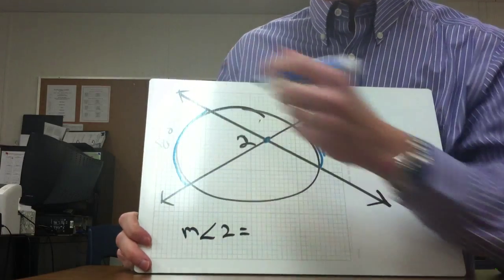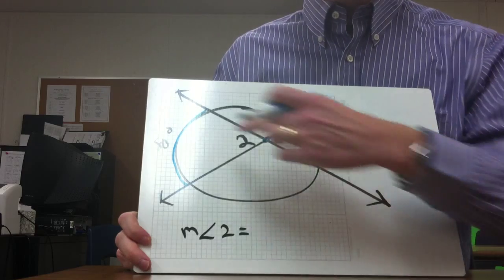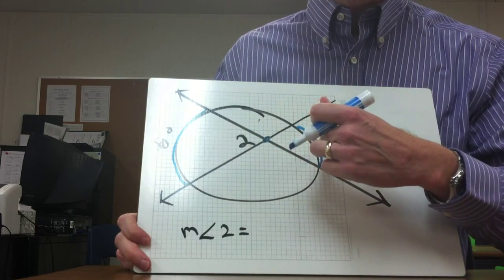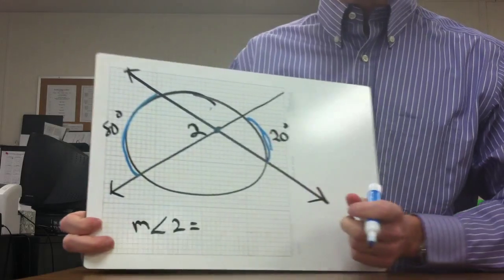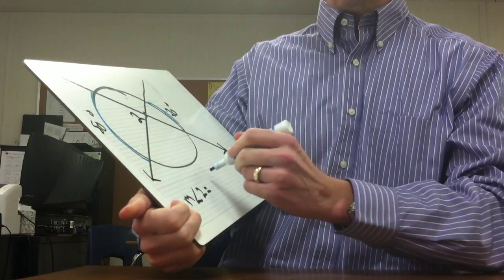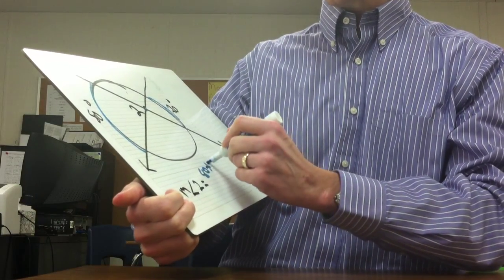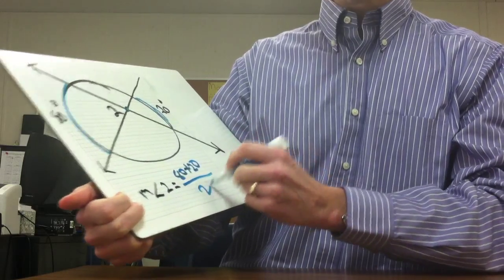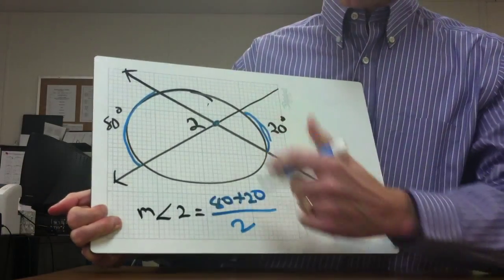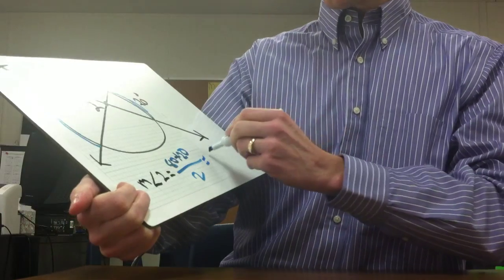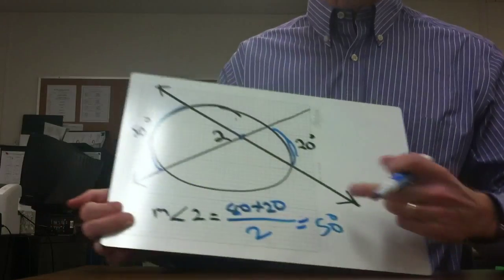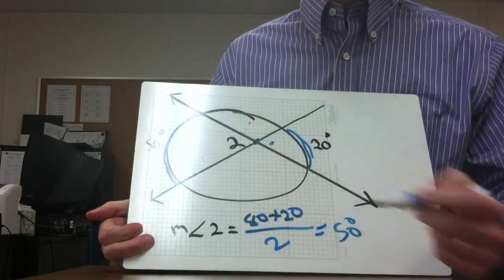But unlike the last example where you subtract, you actually add the two arc measurements and divide by 2. So instead of 80 minus 20, it would be 80 plus 20, which is 100. Then take half of that, and the measurement of angle 2 would be 50 degrees. As well as this angle, since they're vertical.